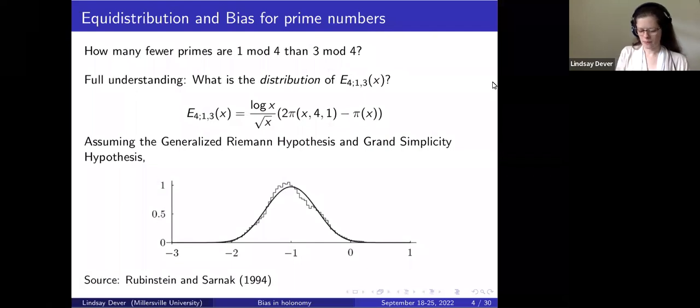So we can see that this is centered around -1, which means that there's a bias away from 1 mod 4 and towards 3 mod 4. Okay. But we will notice that there's this tiny little tail that's positive, and that's the part where 1 mod 4 catches up and is actually winning. So that happens a non-zero percentage of the time.